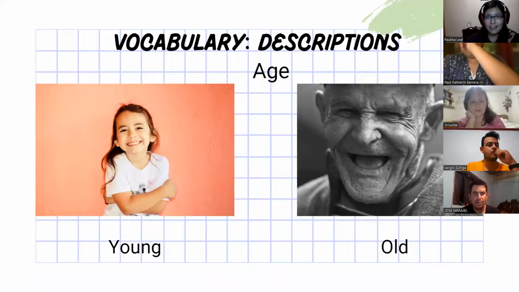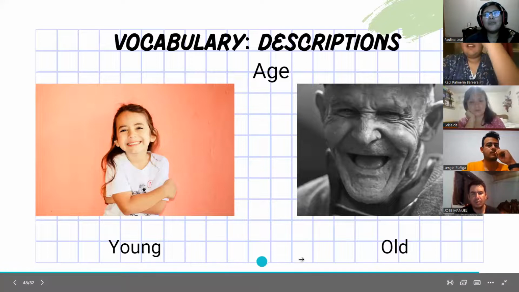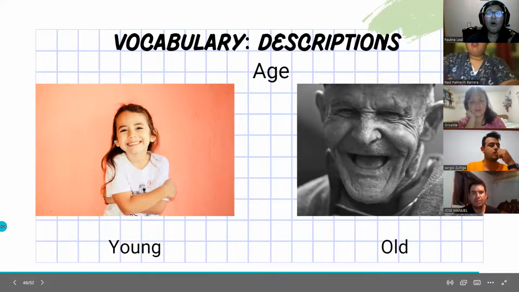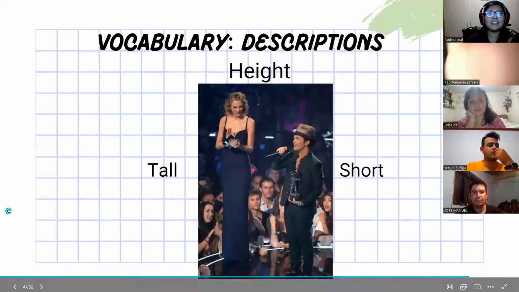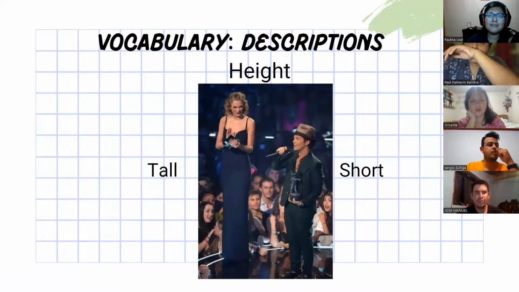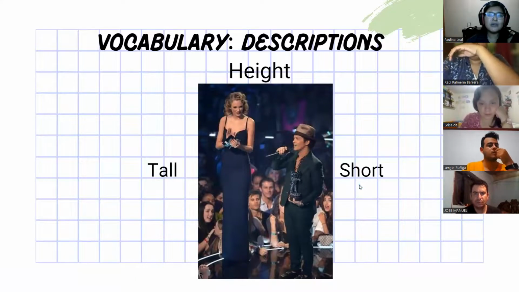Younger. Absolutely. Would I say older or would I say more old? Older. 100%. Would I say taller or would I say more tall? Taller. Would I say shorter or would I say more short?